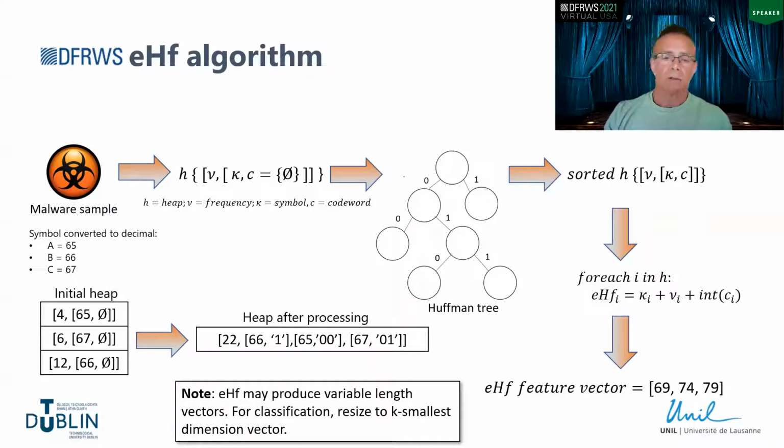The way the Huffman algorithm works, it's sorted based on code words, so the least frequent symbols will be towards the end of the set. Any features that I've trimmed off will tend to be the less frequent symbols within the input sequence, so they'll have less of an impact on the overall classification of the malware.